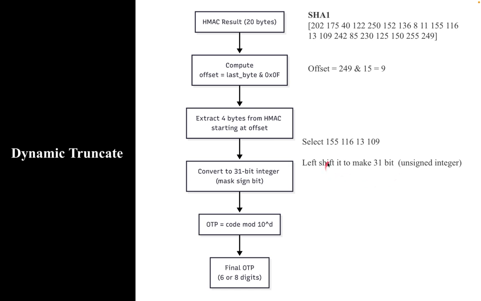But from this I get a 31-bit unsigned integer, which in decimal I get this number. Again, I have to reduce this to d digits, the number of digits the server expects. So for that I have to take a mod 10 raised to 6 and finally get a 6-digit OTP number.